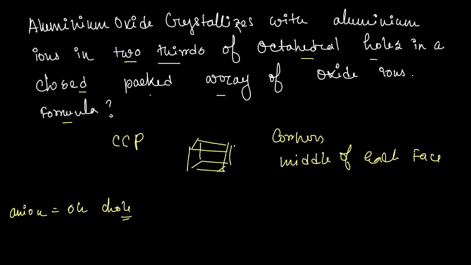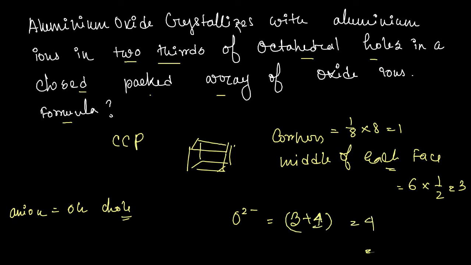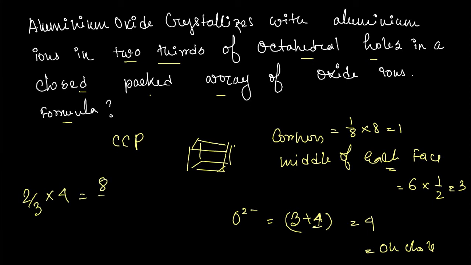Oxide ion is present at the corner, so the contribution is 1 by 8 into 8, so 1. Middle of each face means contribution of 6 faces into half, so 3. So total oxide ions will be 4, and so there are 4 octahedral holes. Now from these 4 octahedral holes, 2/3 will be occupied by aluminium, so 2/3 of 4 is 8 by 3.